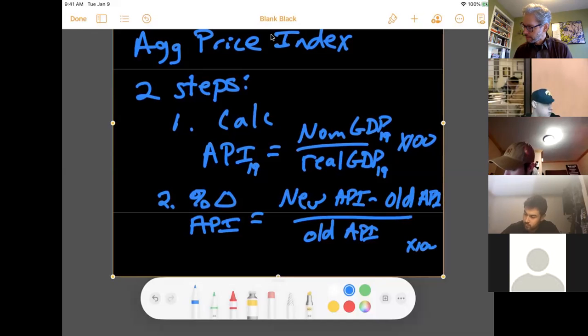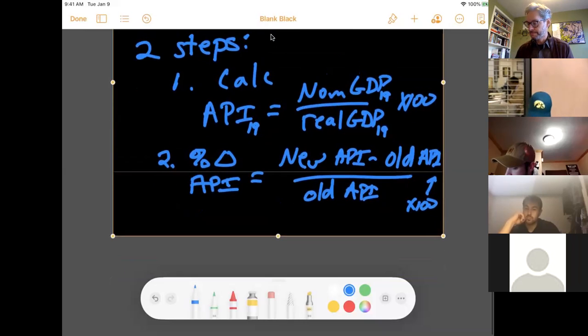Ran out of room there, but you multiply it by 100. So when we calculate nominal and real GDP, we can also use this data to calculate a measure of inflation, by simply taking the ratio of nominal GDP to real GDP and then seeing how this ratio changes over time.